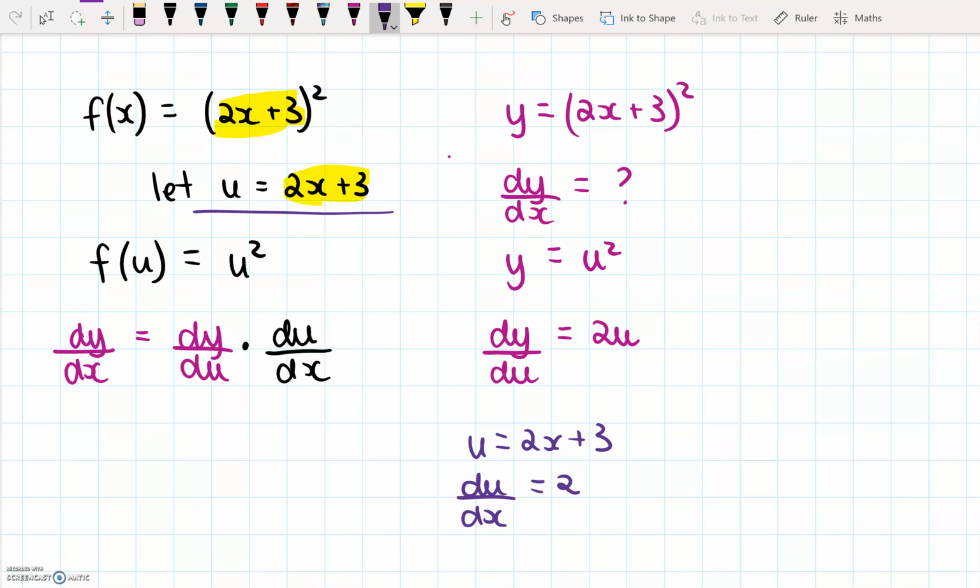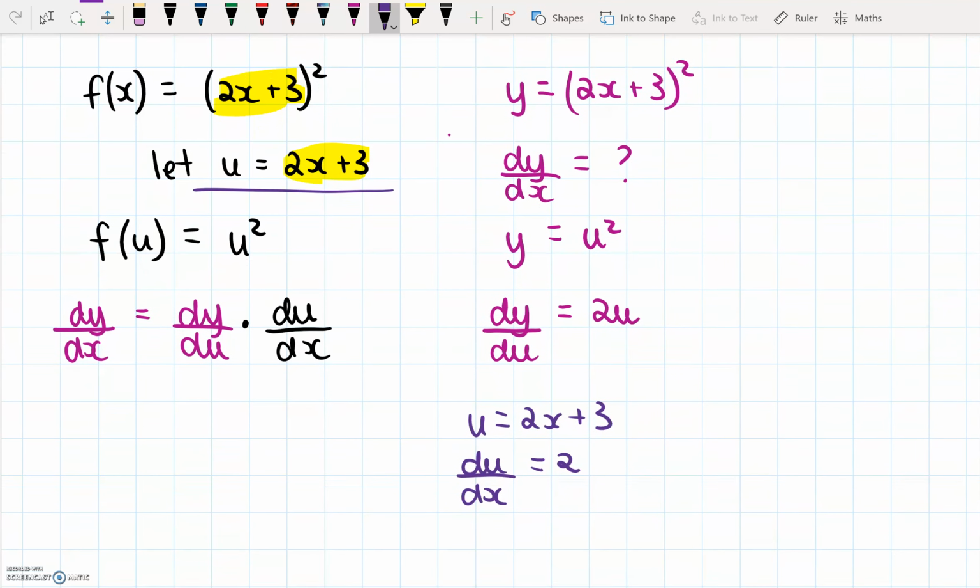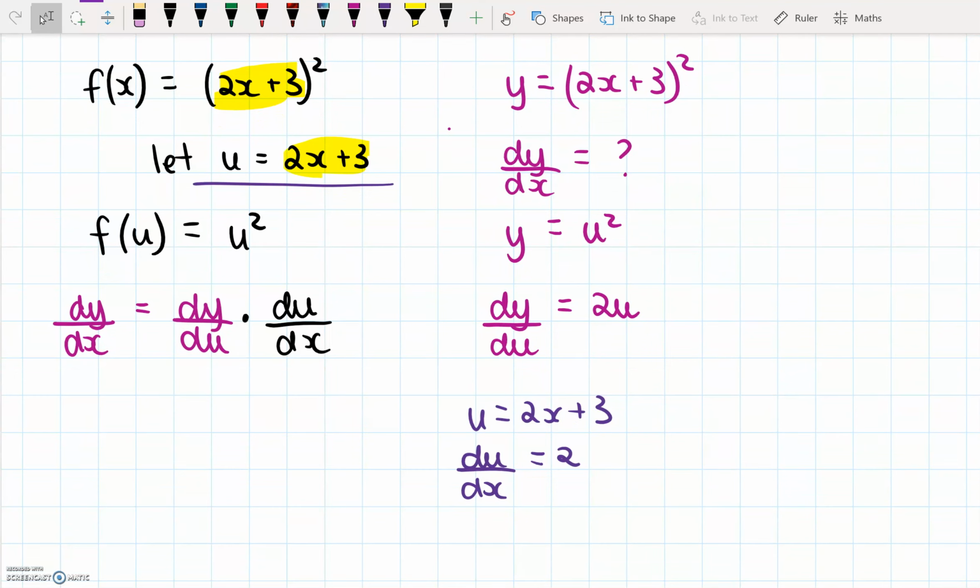As I said, for this one, this is not the most efficient way to do this, but this is more about you guys learning the process. So now dy dx, what we're finally looking for, the first derivative, is equal to dy du.